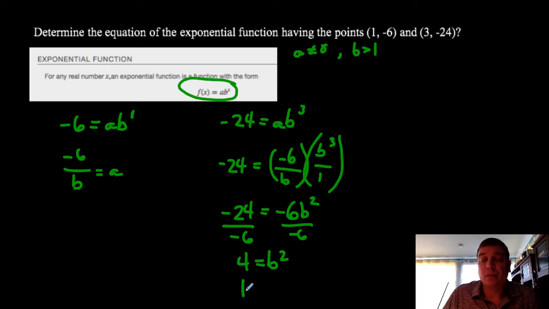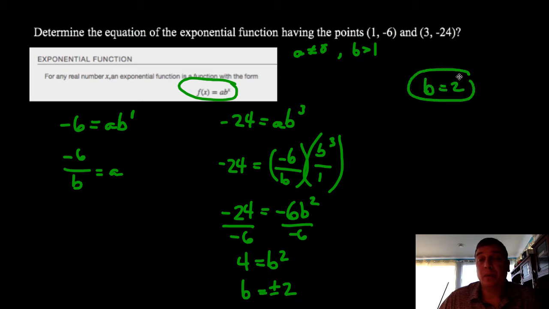Take the square root, we now have that b is equal to plus or minus 2. So then I come back up to the definitions here, and it says b has to be greater than 1. So therefore, b is only going to be 2. So the nice thing is now I know what b is. b is equal to 2.